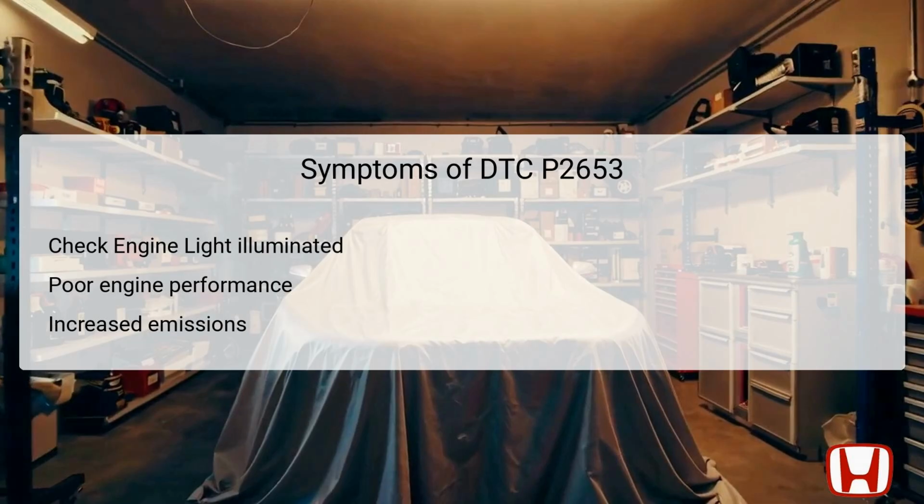Increased emissions may also result, as a malfunctioning VVT system can lead to incomplete combustion and higher levels of harmful byproducts being released. These symptoms serve as critical indicators that further investigation is needed to maintain engine health and overall vehicle performance.